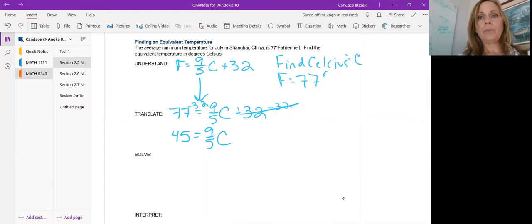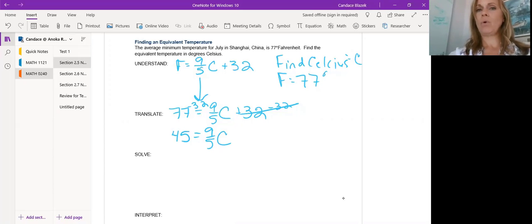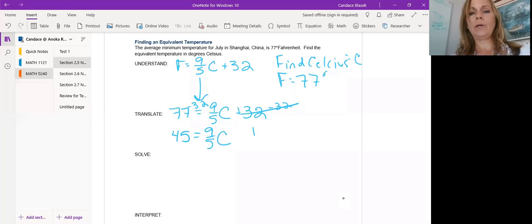Now, one property that we have is the division property, and we can divide by 9/5, totally fine. But an easier way to solve this equation is to use the reciprocal. Multiply both sides by the reciprocal. Now, the reciprocal of 9/5 is 5/9.